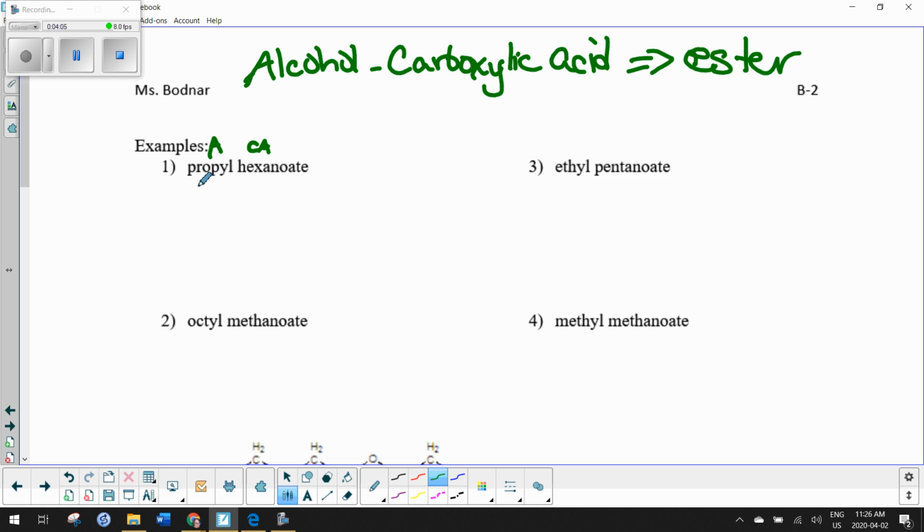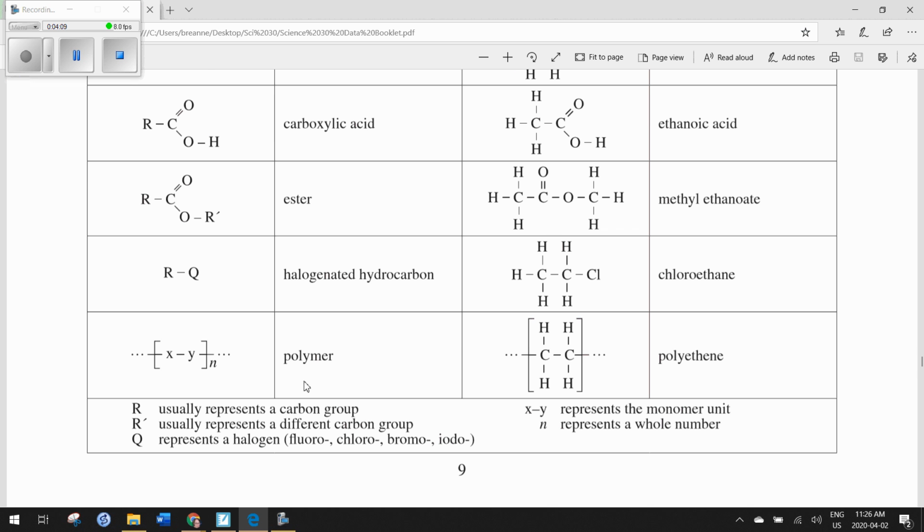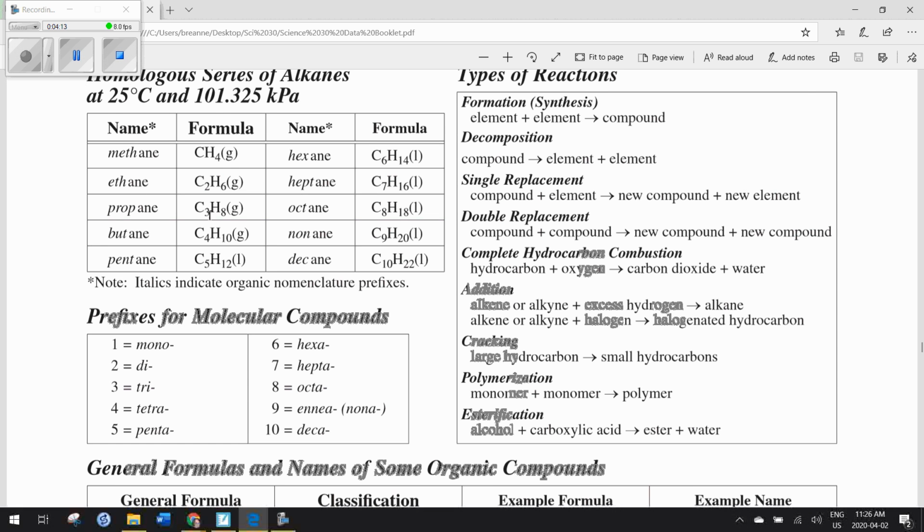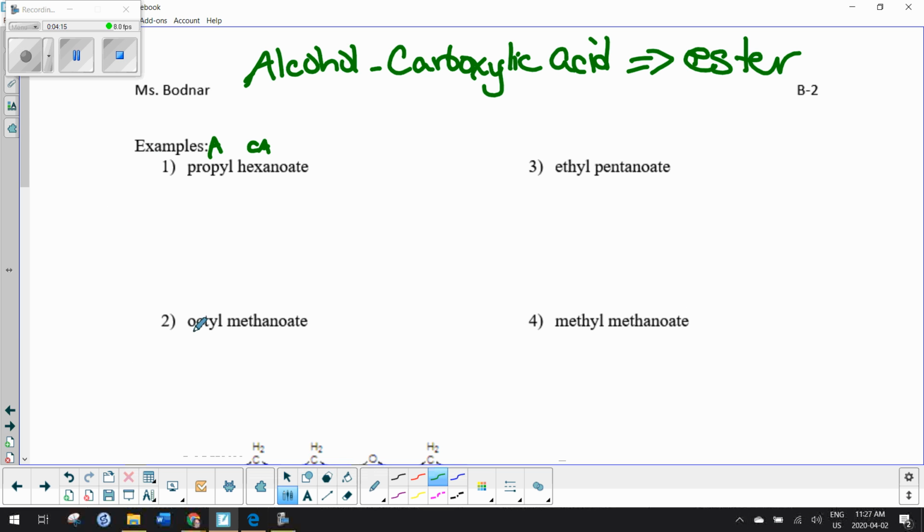If we go back to our organic chem table, prop means 3 carbons. So I'm going to draw my 3 carbons: 1, 2, 3. Since this came from the alcohol portion, it has to have a single bonded O. That's what you're going to draw for the propyl part.